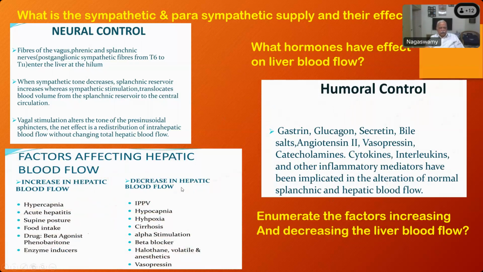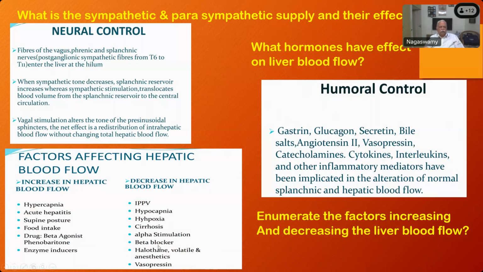Factors which are decreasing the blood flow: if you do IPPV, controlled ventilation and IPPV, you wash out the carbon dioxide; if you cause hypoxia; or pathologically if there is a cirrhosis, because the whole thing gets fibrosed and then compresses all the vasculature; then alpha stimulation, beta blocker therapy, halothane and volatile anesthetic agents, and vasopressin.